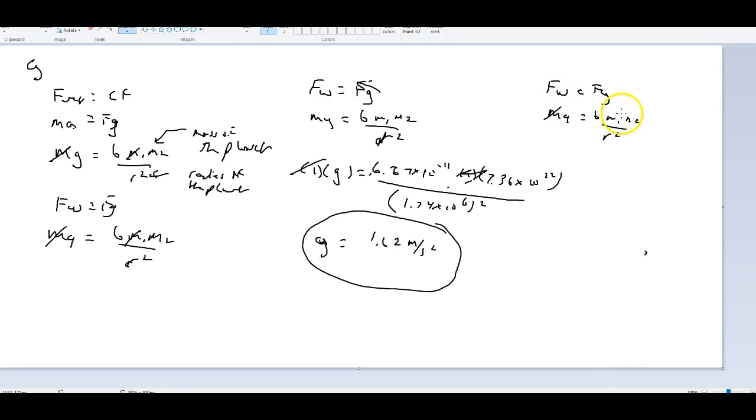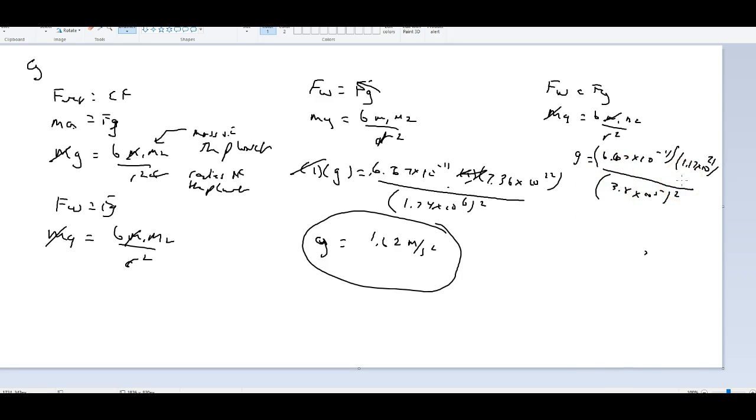The m's cancel out. G is equal to 6.67 times 10 to the negative 11th. Mass of Ceres is 1.17 times 10 to the 21st, all divided by the radius squared, which is 3.8 times 10 to the fifth squared.